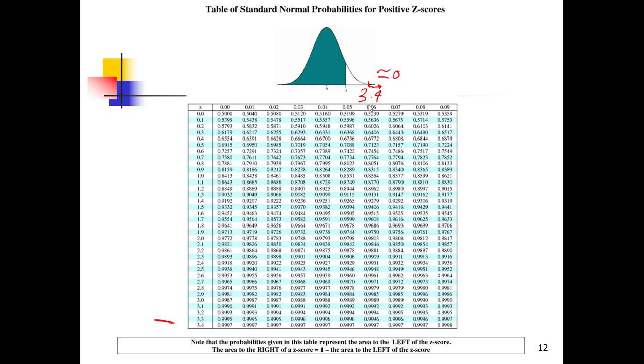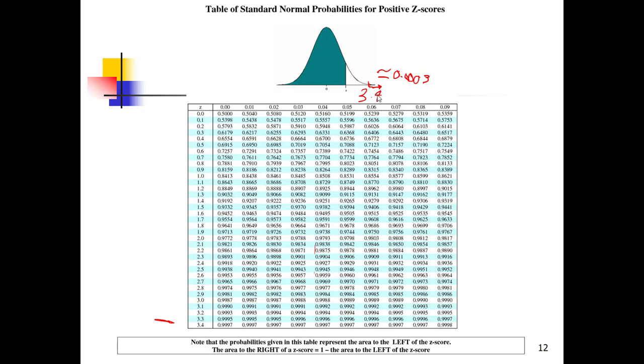The area on the left of 3.4 is almost 1, is this much, 0.999 something. So it means this area on the right is almost 0. It is a very small amount, maybe 0.0003. 1 minus this value gives you 0.0003.